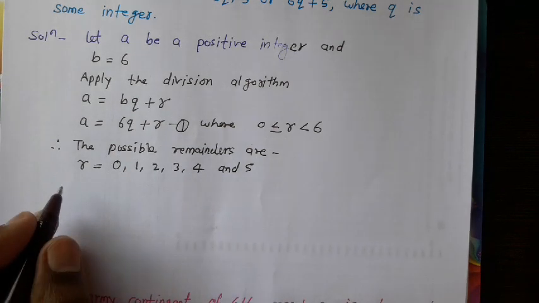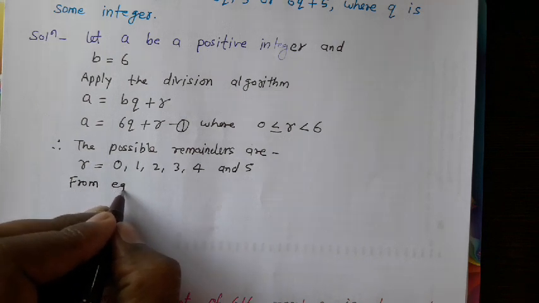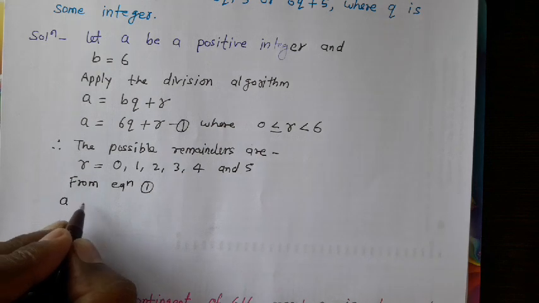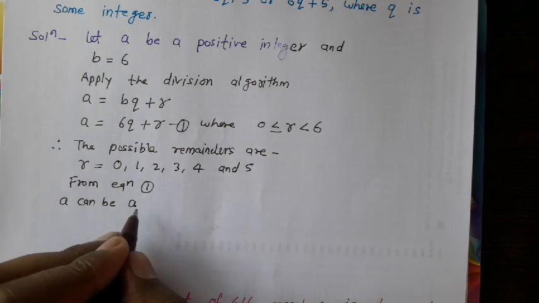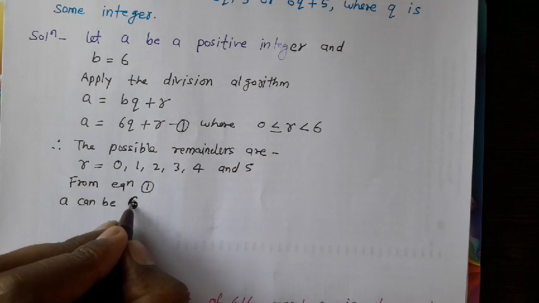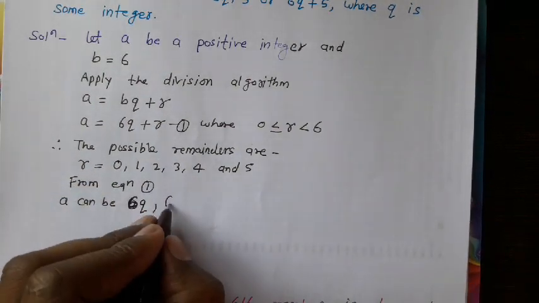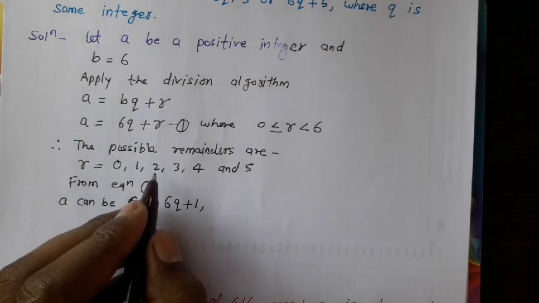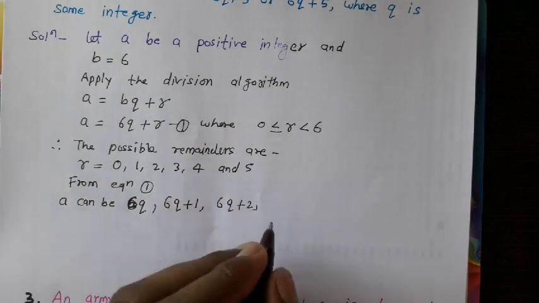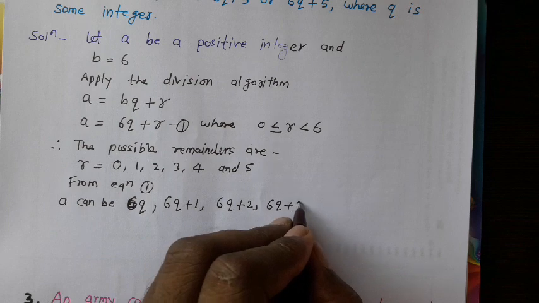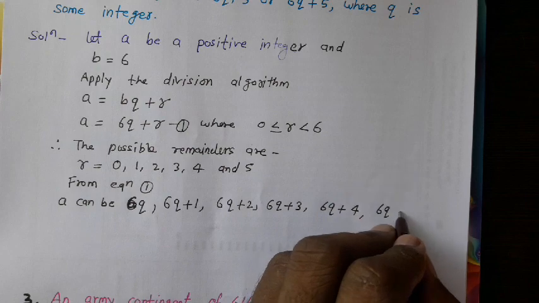Now from equation 1, a can be: if r is 0, then a equals 6q; if r is 1, then 6q plus 1; r is 2, 6q plus 2; similarly 6q plus 3, 6q plus 4, 6q plus 5.